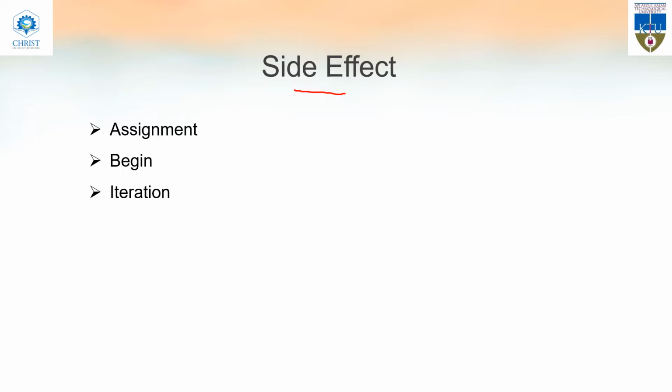Actually, side effect is a property of a procedural language, but Scheme also has some statements which impart the same features of a procedural language. Scheme has something called assignment, begin, and iteration, so that it works similar to a procedural language.